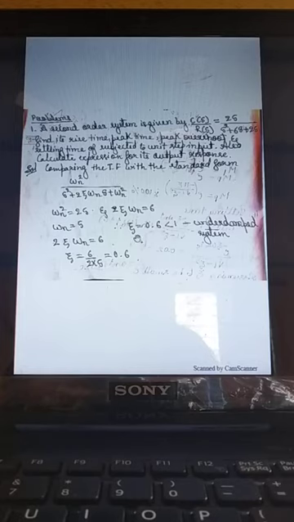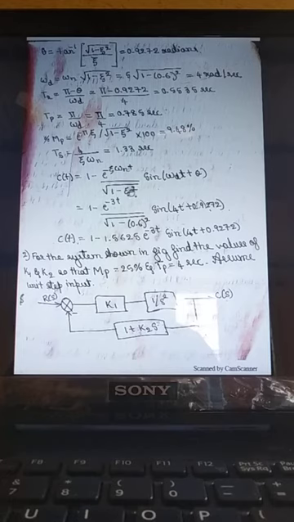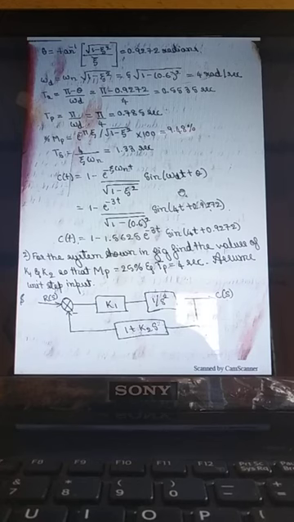We will take the output response depending upon the zeta value. If it is less than 1, underdamped system, I have taken this underdamped system formula for C of t. If it is an overdamped system, you need to take the overdamped system formula.